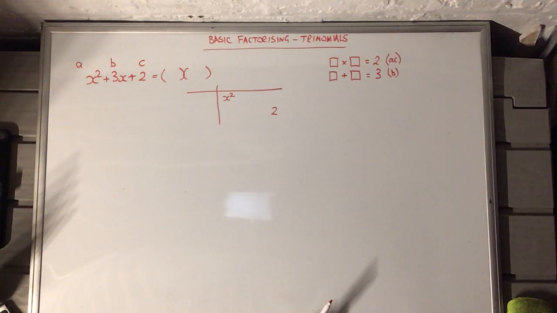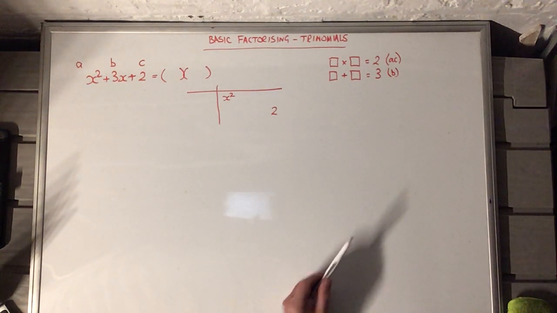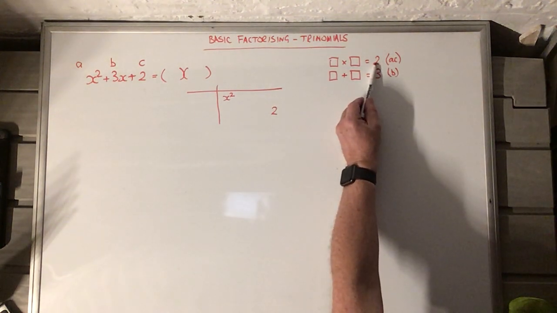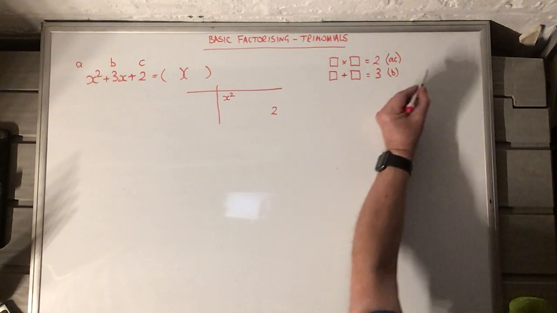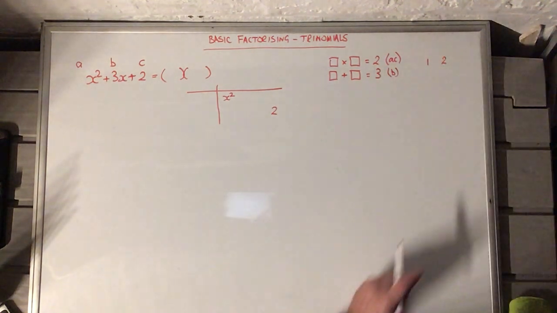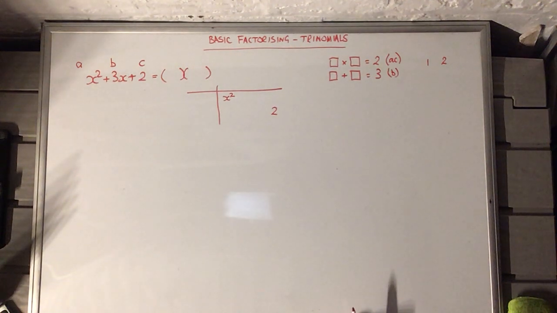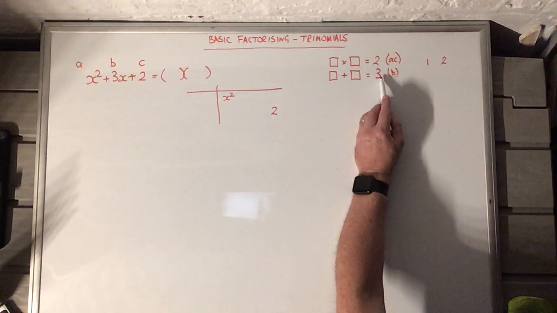So, how do we get these two values? Well, we look for factors of 2. So the one you're multiplying together here, you look for factors of that. Well, it's dead easy. Only factors of 2 are 1 and 2, or negative 1 and negative 2. And when we add these two together, we get 3.